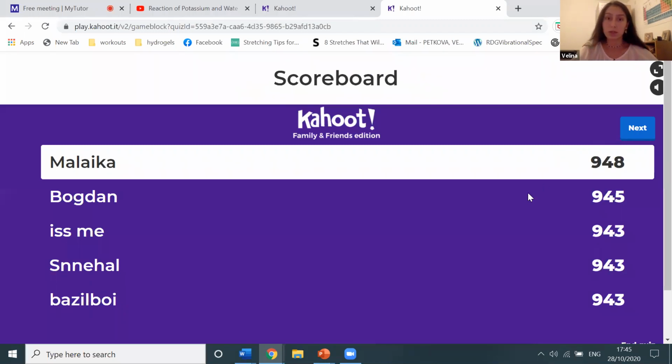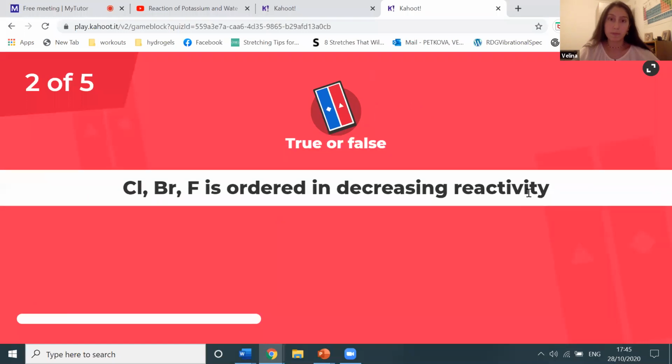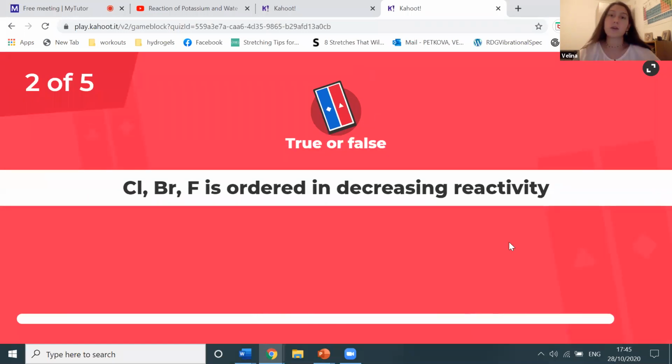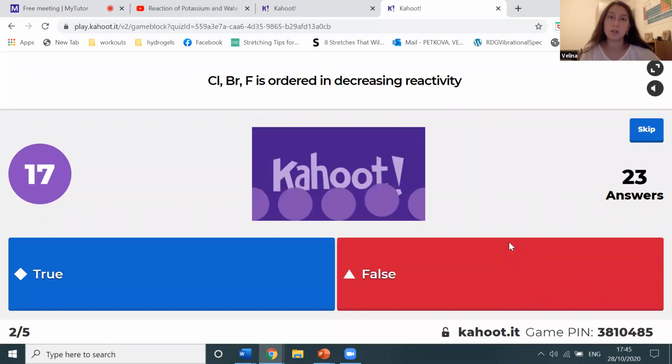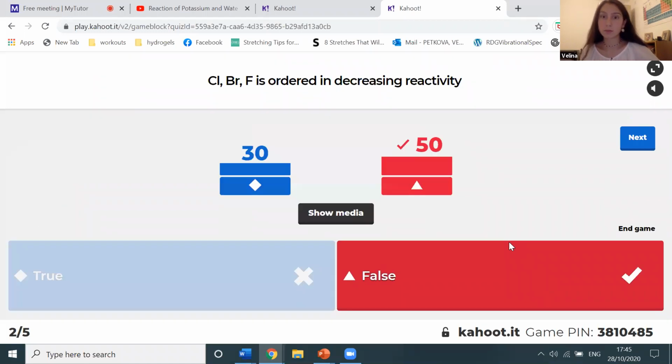This one. True or false? Is this the correct order? So is it getting less reactive from chlorine to bromine to fluorine? Okay, brilliant.